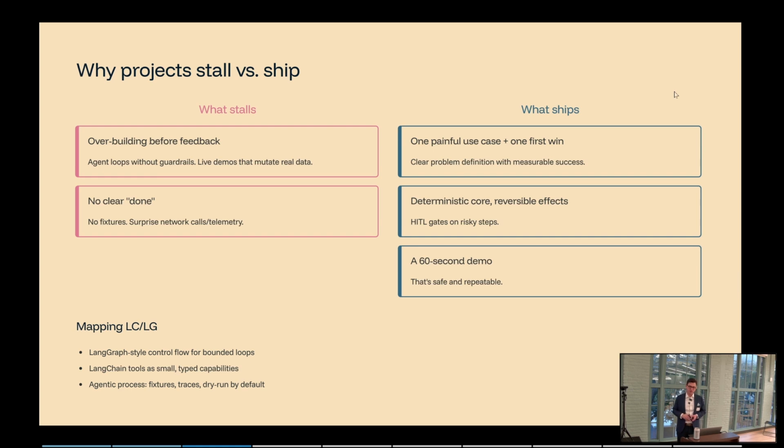And I will be demoing, well, it's probably not going to be 60 seconds, but I have a demo and it's short. And like I promised, we're going to have LangGraph control flow for bounded loops, LangChain tools, and also traces and fixtures.